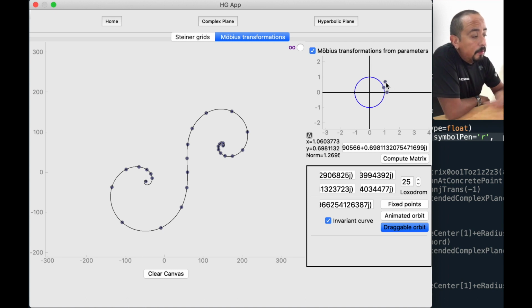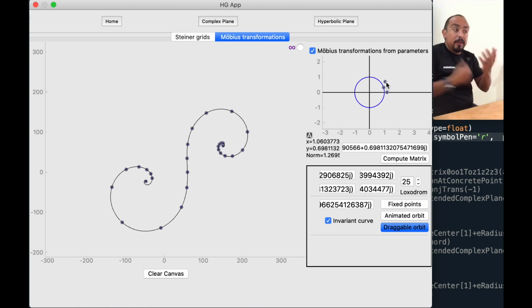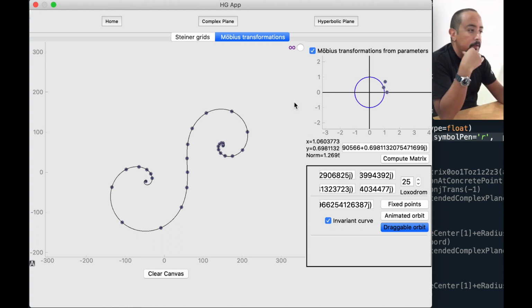This point. You remember that for 0 and infinity we said loxodromes with respect to the complex number by which you are multiplying. So in this case, it would be this complex number. I mean, the multiplier of the loxodromic Möbius transformation, right?